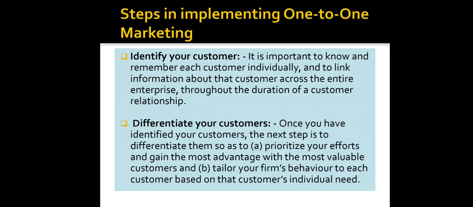Whatever is the need of the individual customer, you have to change the firm's behavior according to their needs. And customers are different in two critical ways. They each represent a different level of value to the organization and they each have different needs from you. So we need to take care of both the things.